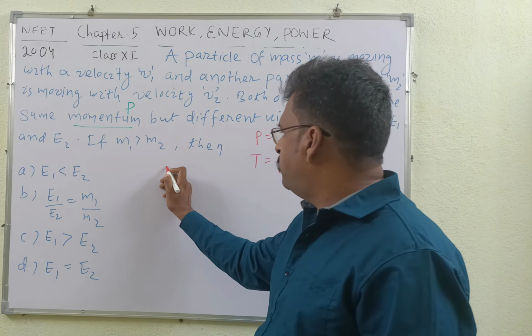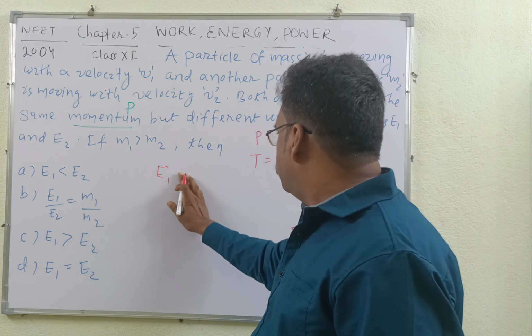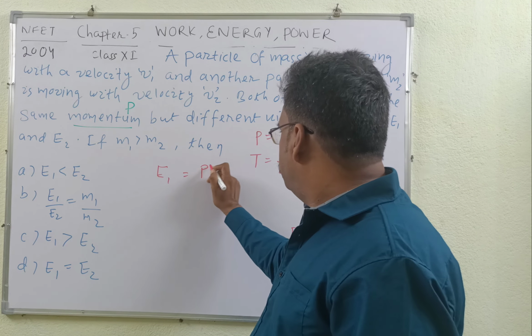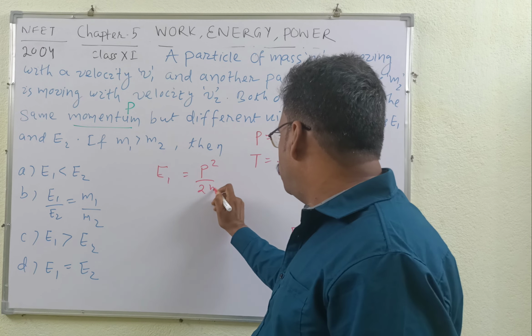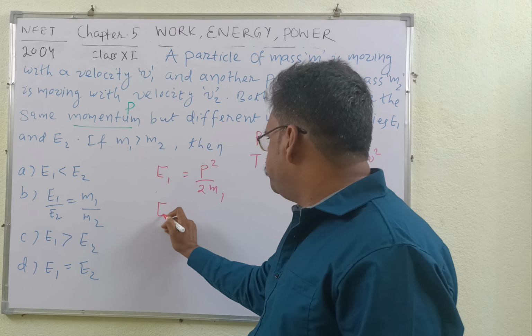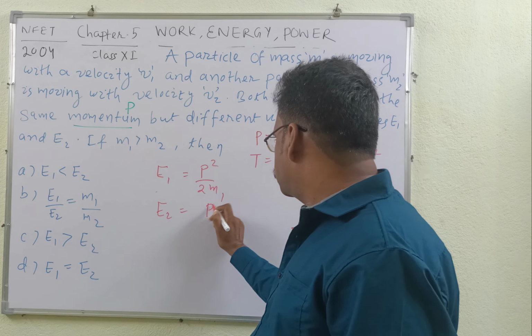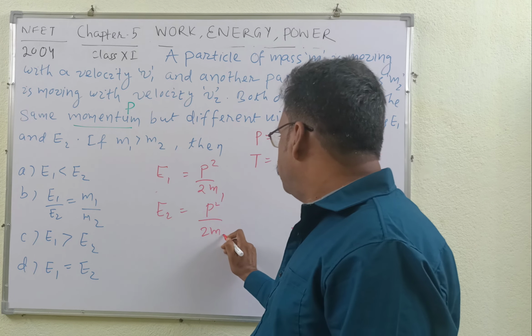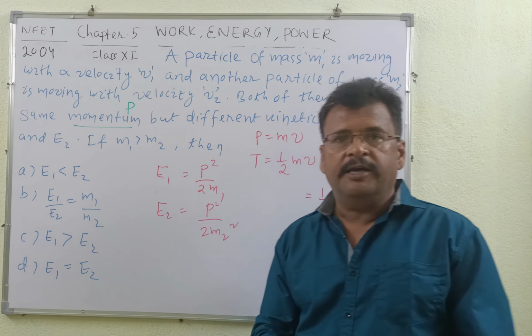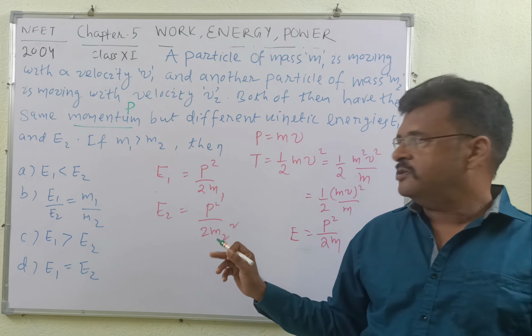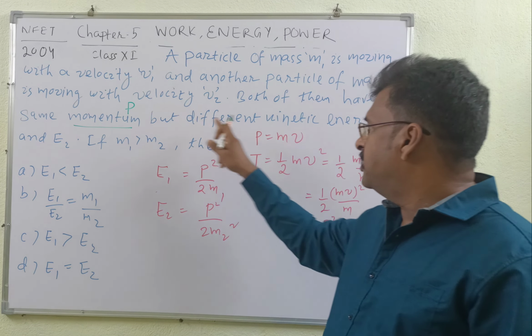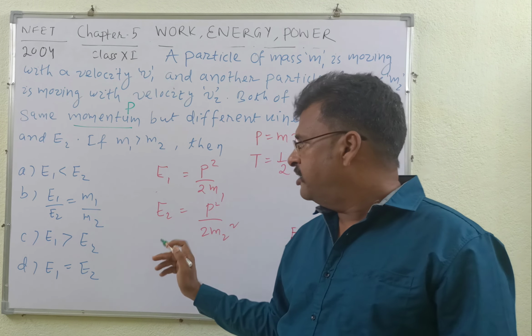So E1 will be equal to p square by twice m1, and E2 will be equal to p square by twice m2, because we have written p in both the cases, because the linear momentum is the same for both the bodies.